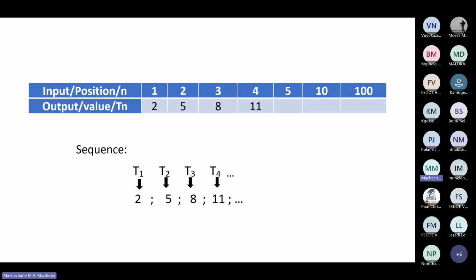So now term 1, according to my table, is 2. Term 2 is 5. Term 3 is 8. Term 4 is 11. So that's how we can write the terms. We can write them in this way, or we can represent them in a table like that.